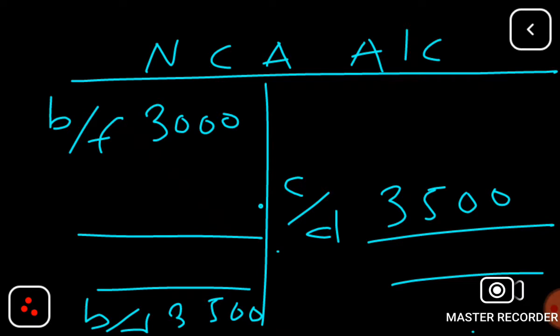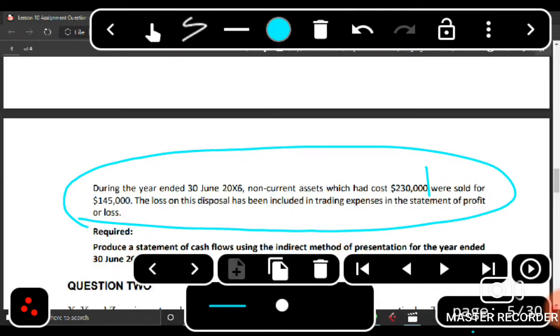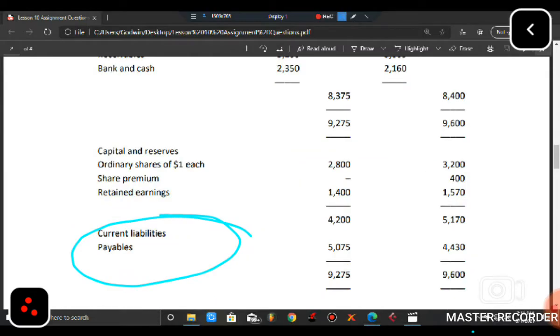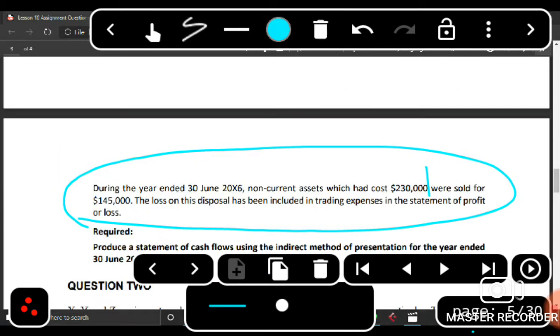Now, the other thing you must check for in the question is revaluation. Is there any? This revaluation you can find where it is written capital and reserves or equity. They can use either of the words. And in this question we didn't have revaluation, so we're going to leave it. Let's go back to the additional information.